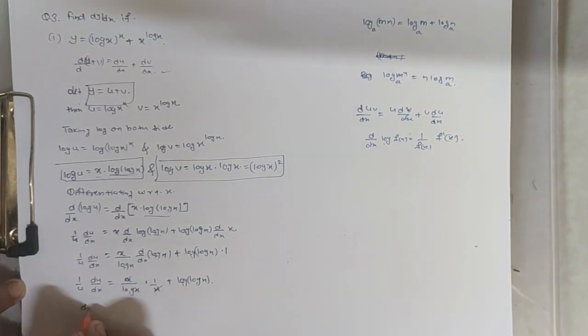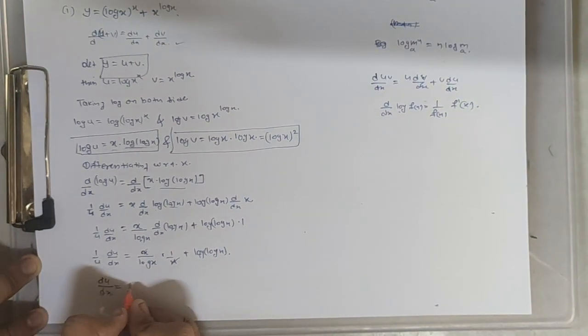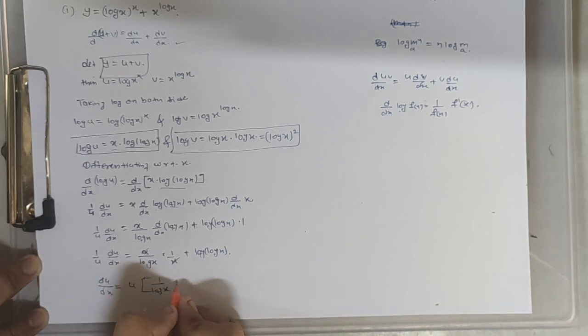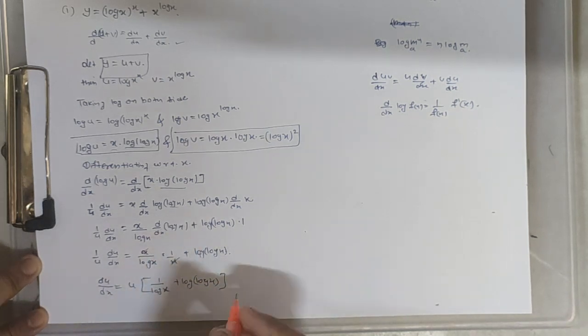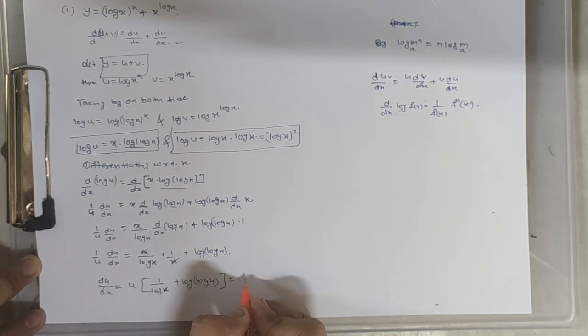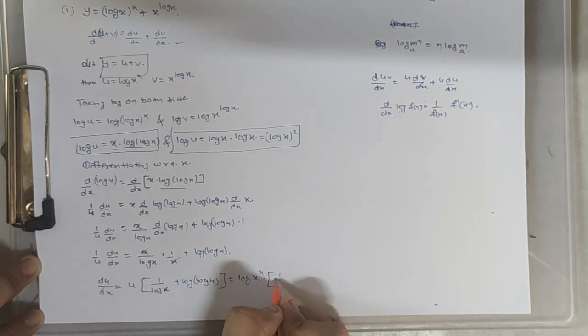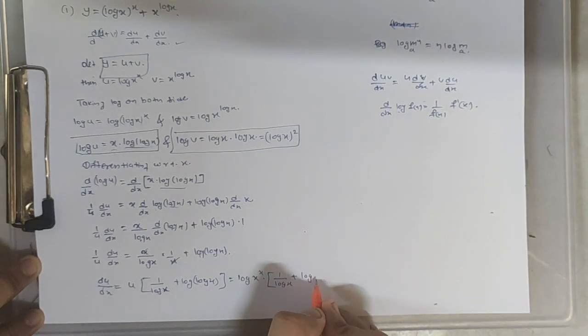So here du by dx is equal to u into, in bracket, 1 upon log x plus log of log x. So we will replace u by its original value, which is (log x)^x into, in bracket, 1 upon log x plus log of log x.